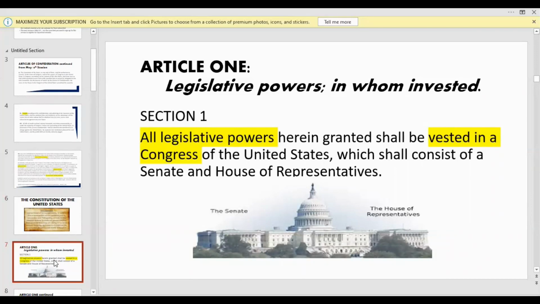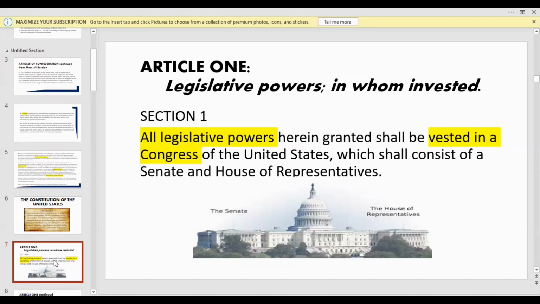Congress, created in Article 1, has the legislative powers, and it's vested in the Congress, which shall consist of a Senate and a House of Representatives. Obviously, there are going to be people who are the senators, and people who are the House of Representatives. They are all considered Article 1 officers.